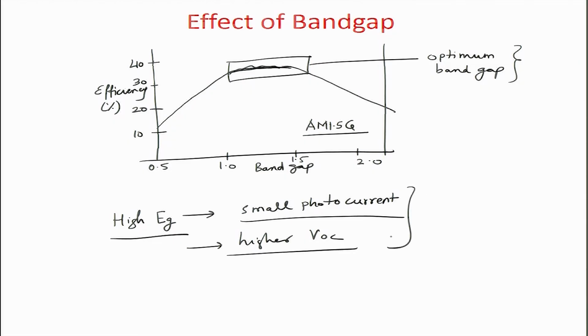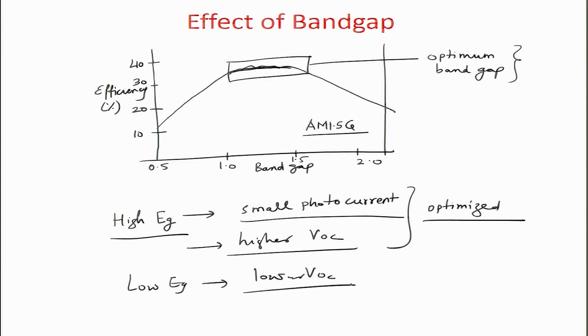So, these two things have to be optimized to get the maximum power output from the solar cell. On the other hand, you can see the low EG gives rise to lower VOC. So, lower working voltages are obtained for lower EG, and higher EG will give you higher voltages.